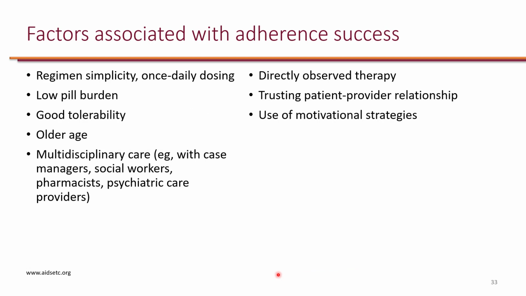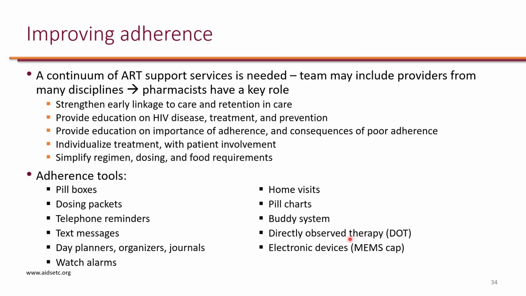And of course, the opposite of those factors will improve adherence. So for example, if you simplify the regimen, once daily dosing, that can improve adherence. And when it comes to adherence, we as pharmacists have a key role. There are many things we can do to improve adherence at the pharmacy.